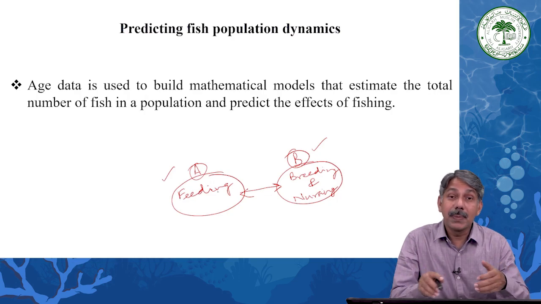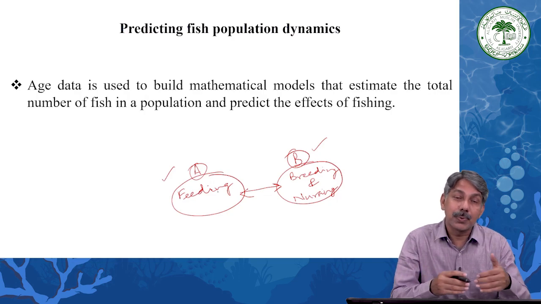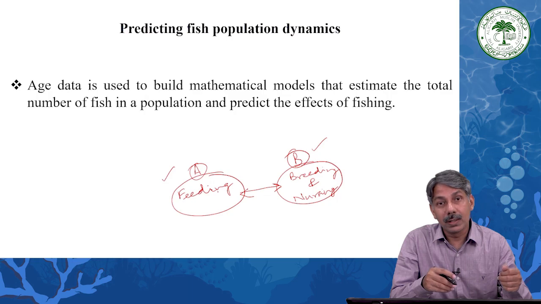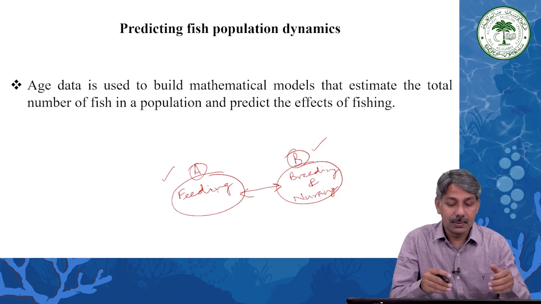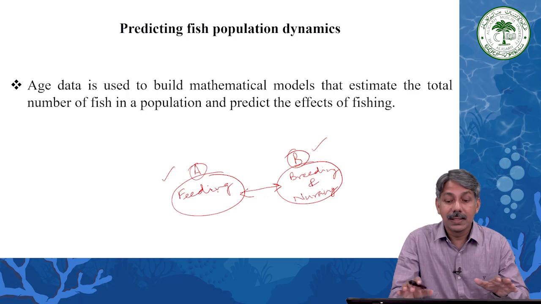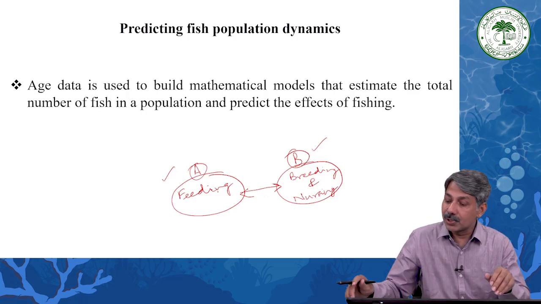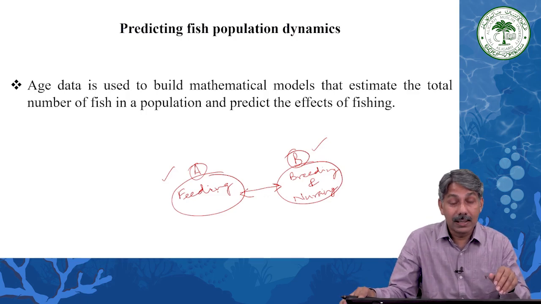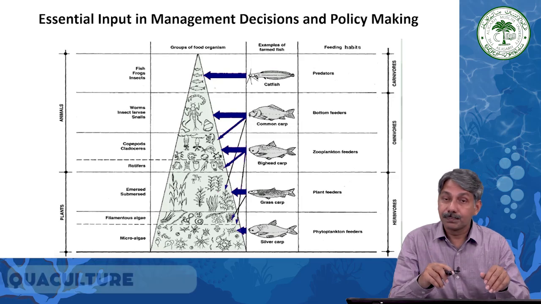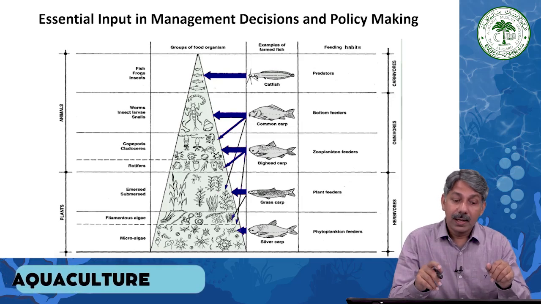That may change the number and the proportion of different age groups. So if we have age and growth studies, then we can have this information in a better way, and that will help us manage the population.